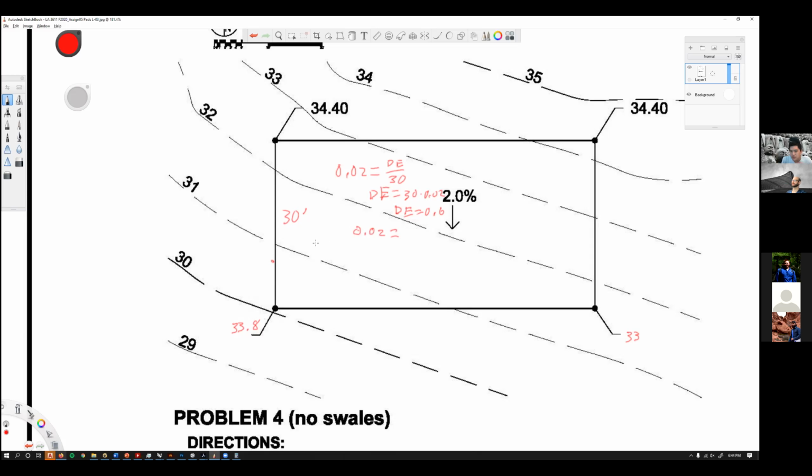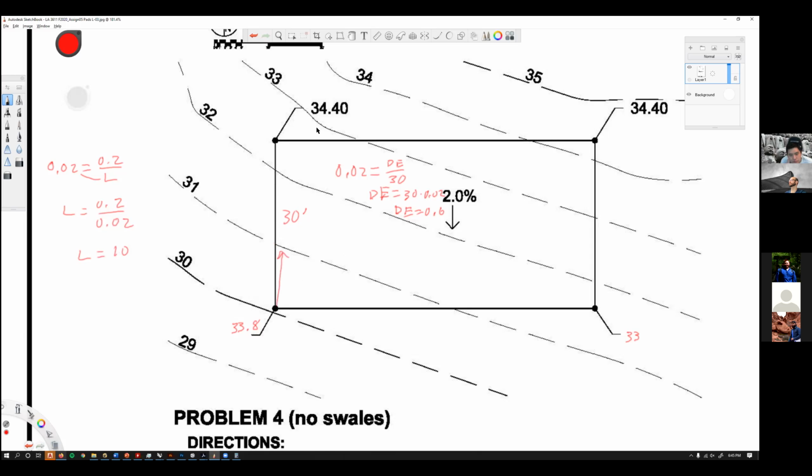So we're going to go 0.2 for our DE, and we're looking for our L, right? If you just switch places, L equals 0.2 over 0.02. So it's 10, right? Yeah, so what I said earlier was correct. You just measure up 10 feet.